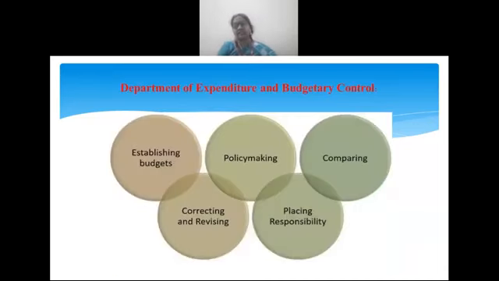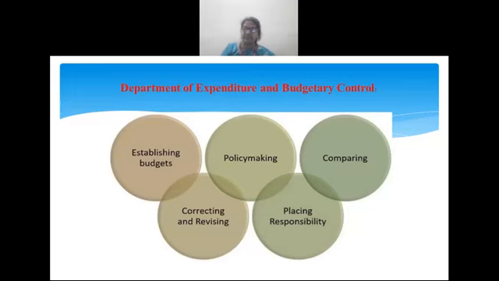So what are the various activities carried out by the Department of Expenditure and Budgetary Control? They establish the budget, they make policy, they compare the previous and current, they correct wherever it is required, and they place the responsibility for each and every activity.